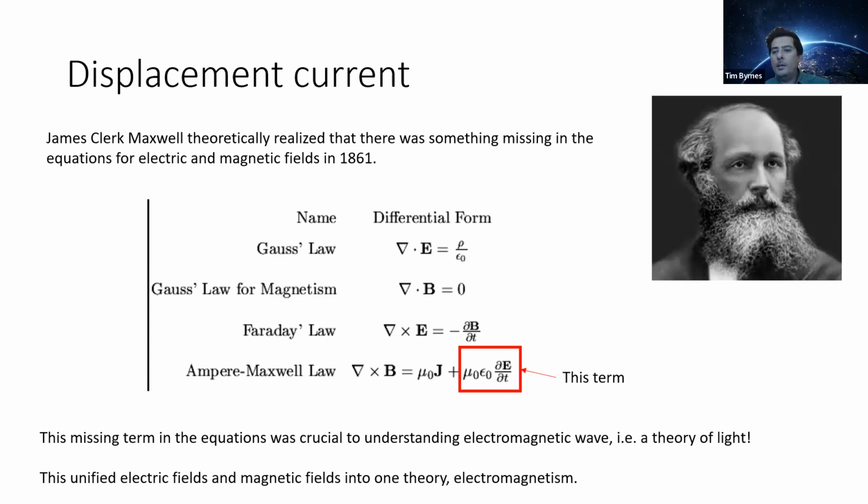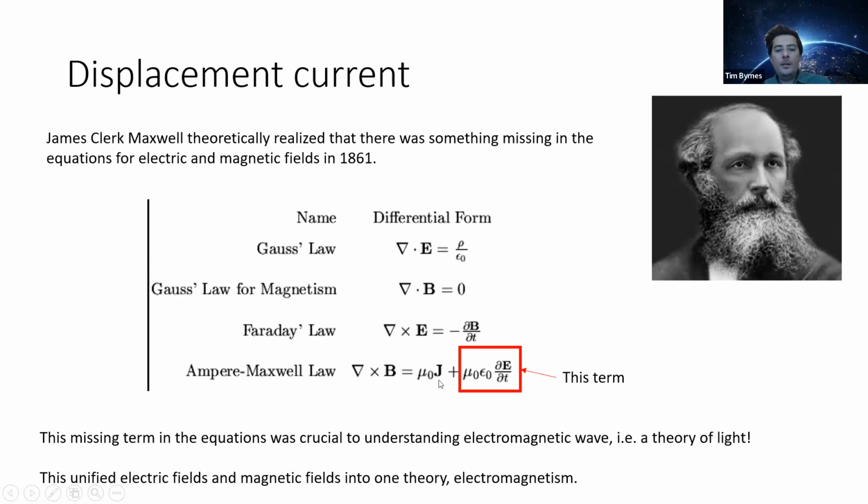And back in the 1800s, he realized that if you write the laws of electromagnetism, you can write them in different forms, and this is maybe the way it's normally written in physics. So Faraday's law, more generally, will be written something like this: B is the magnetic field, E is the electric field, and a changing magnetic field will produce an electric field.